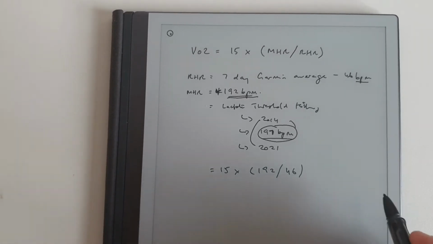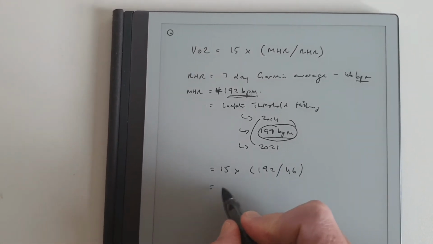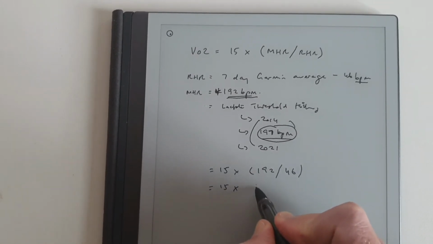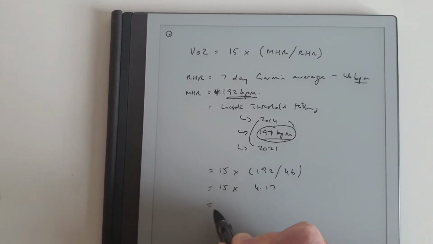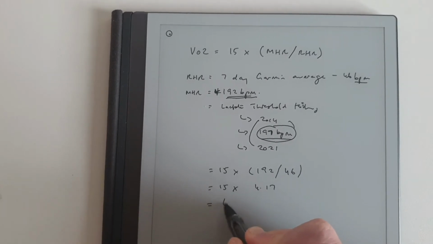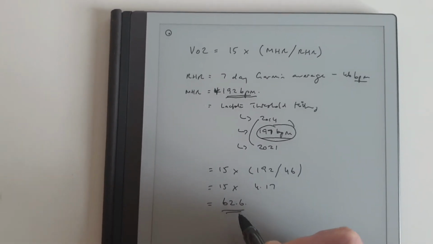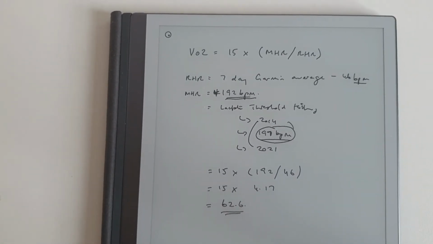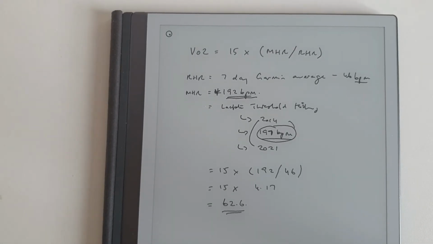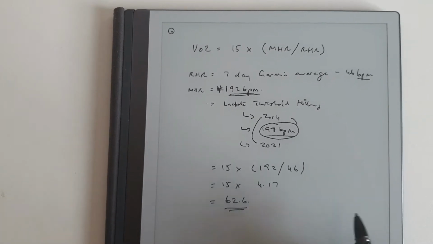So what we get here is 15 multiplied by 4.17, and that comes out at around 62.6. That gives me a good feeling for where I'm at in terms of VO2 max. So there you have a simple but effective formula for calculating VO2 max.